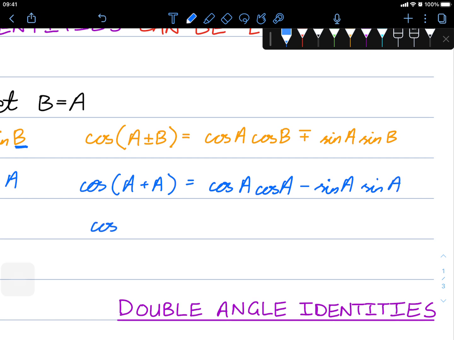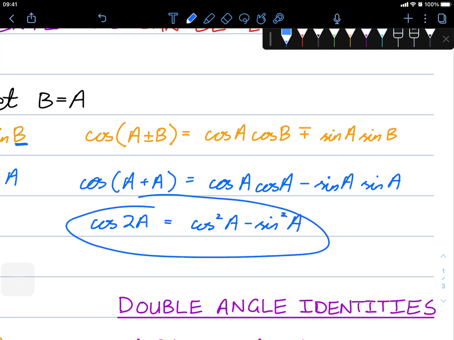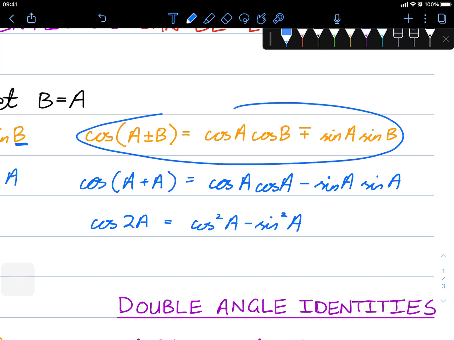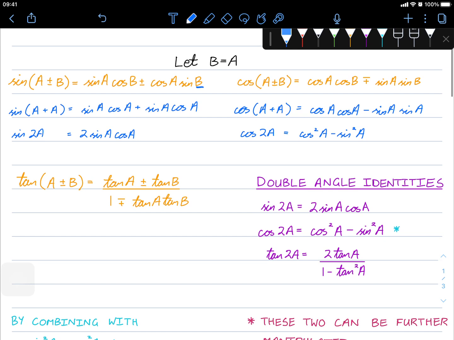So this gives us cos of 2a equals cos a times cos a is cos squared a minus sine squared of a. And that's how we can easily find this if we can memorize the sum of 2 angles for cosine.